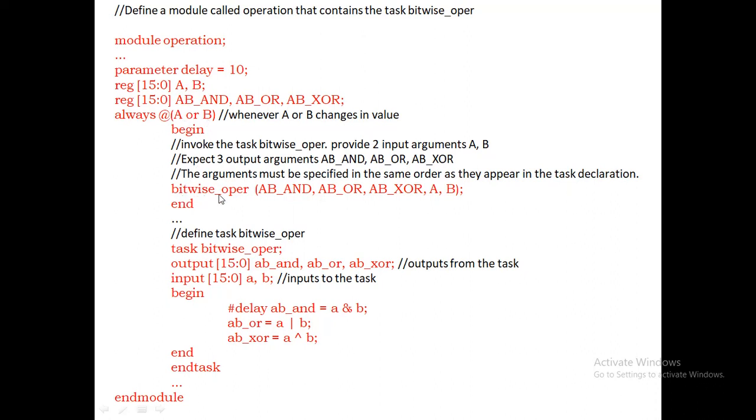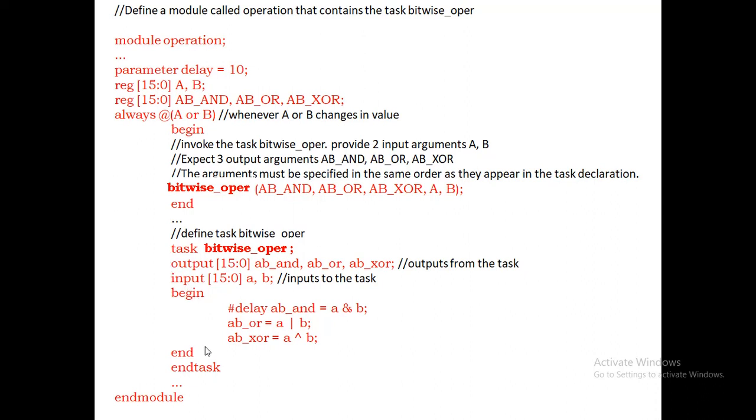Here bitwise_operator is the task we are going to call. Within the brackets we have written AB_and, AB_or, AB_xor, comma A, comma B. These are the arguments of this task: outputs and inputs. Then begin.